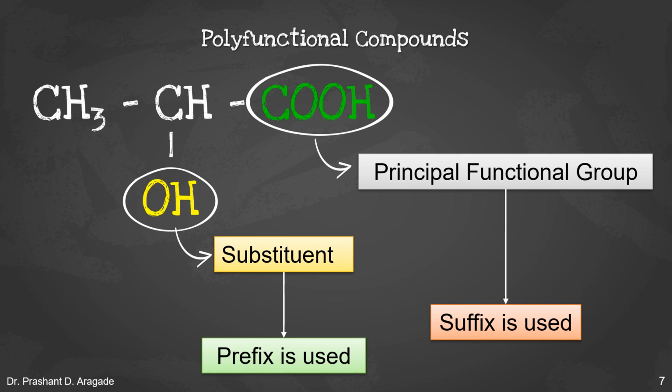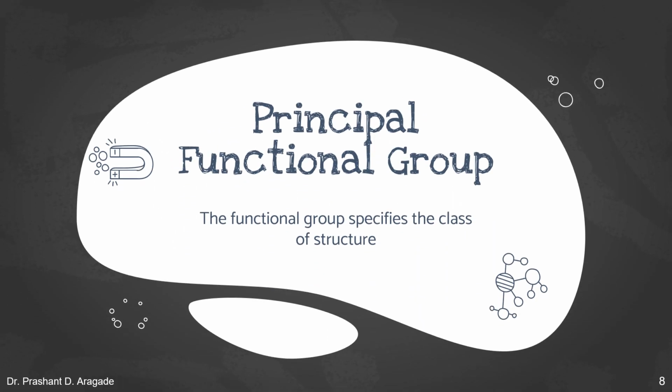Remember, you have to use the suffix of the primary or principal functional group, and you have to use a prefix for a substituent. As the other functional group is not a primary functional group, it is considered a substituent. So the principal functional group is the functional group which specifies the class of the structure depending on the priority number in the priority table given by the IUPAC system.